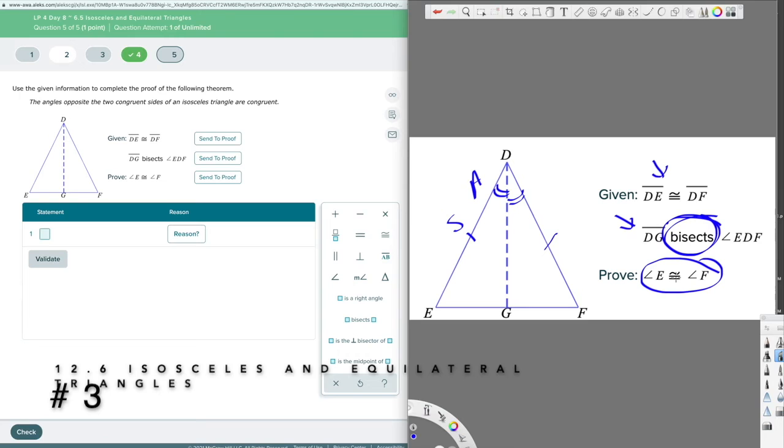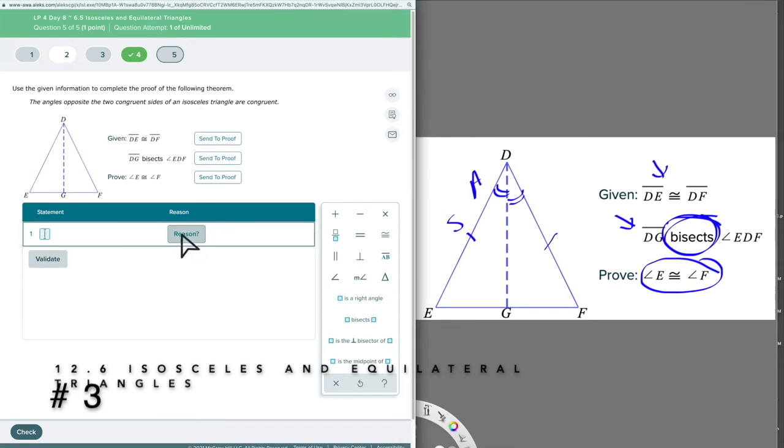So let's see. I don't think we actually get to use the isosceles triangle theorem because we're trying to prove that theorem: the angles opposite the two congruent sides of an isosceles triangle are congruent.